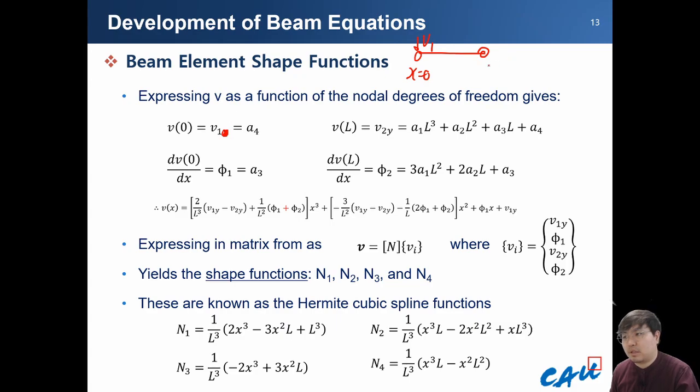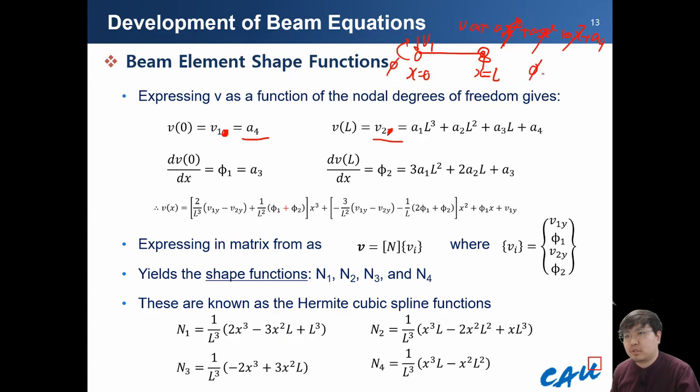Then we follow this relationship, a1, a2, a3, a4. When we put in 0 here, a4 is always equal to v1. Then at x equal to L, the displacement is equal to v2. We don't need the y subscript, and at x equal to L we obtain this relationship. And then we should check the angle of rotation theta.